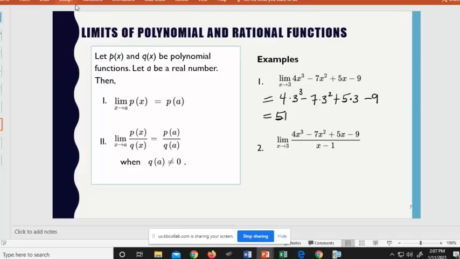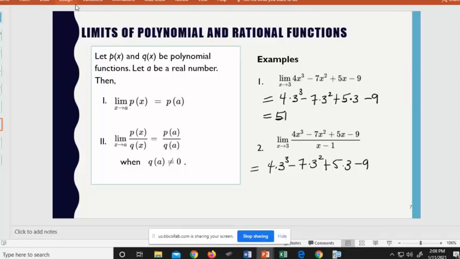And so what this would show for this particular function, the limit of 4x cubed minus 7x squared plus 5x minus 9 over x minus 1, as x approaches 3, is the same thing as 4 times 3 cubed minus 7 times 3 squared plus 5 times 3 minus 9.